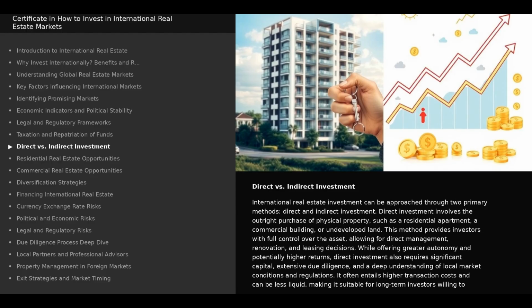While offering greater autonomy and potentially higher returns, direct investment also requires significant capital, extensive due diligence, and a deep understanding of local market conditions and regulations. It often entails higher transaction costs and can be less liquid, making it suitable for long-term investors willing to actively manage their assets. This hands-on approach demands considerable commitment.